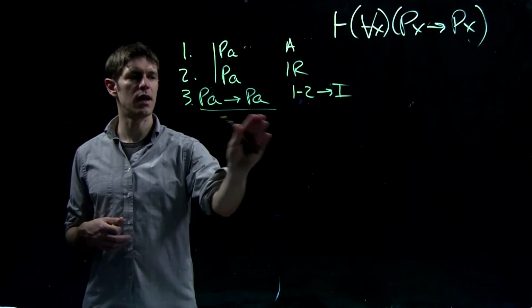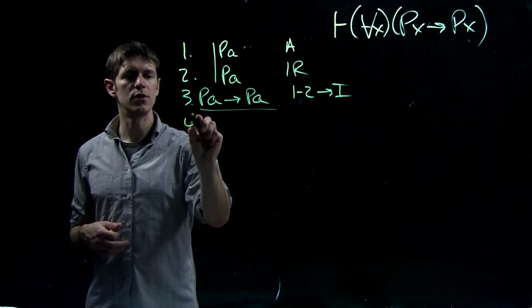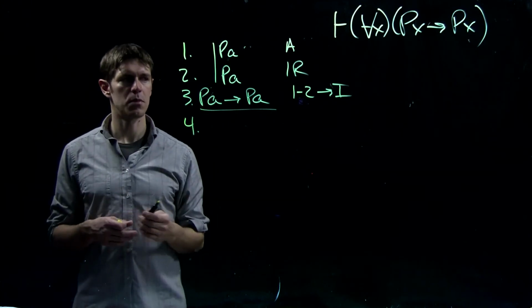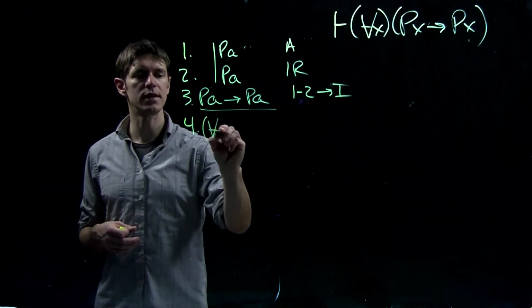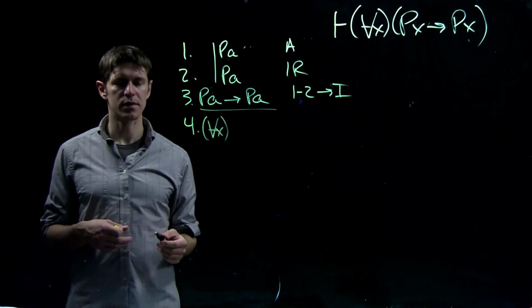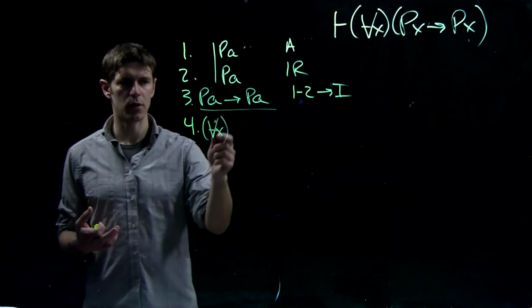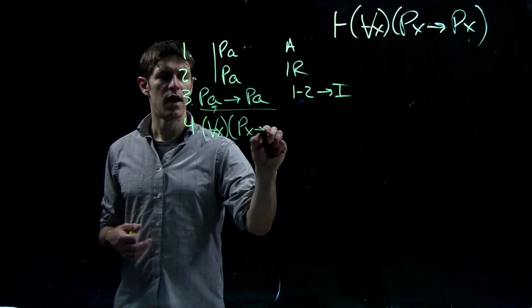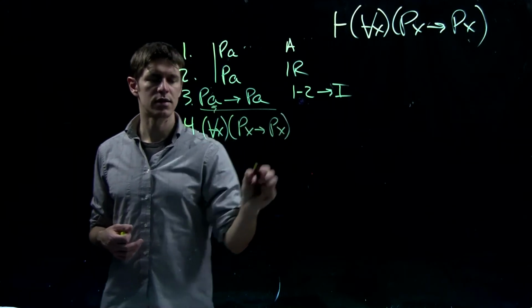But now that we have PA then PA at line 3, we can use universal introduction on this particular formula, PA then PA. We can replace each of the names with the universally quantified variable x. And so we'll replace this first A with x and the second A with x.